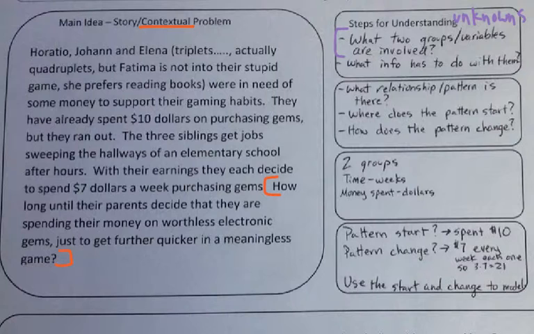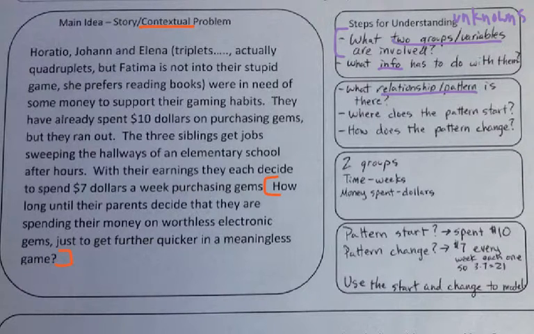What's kind of connected here? Once we identify those two groups, we can then say, what information has to do with them according to our story problem? And further, what information is pertinent, is relevant? What relationship pattern do we see? Those are the next two questions once we find those groups.